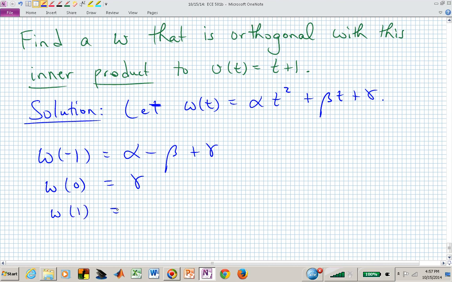And W of 1 is now alpha plus beta plus gamma. And the corresponding V's, since V is specified, we have V of minus 1, that's 0. V of 0 is 1, and V of 1 is 2.